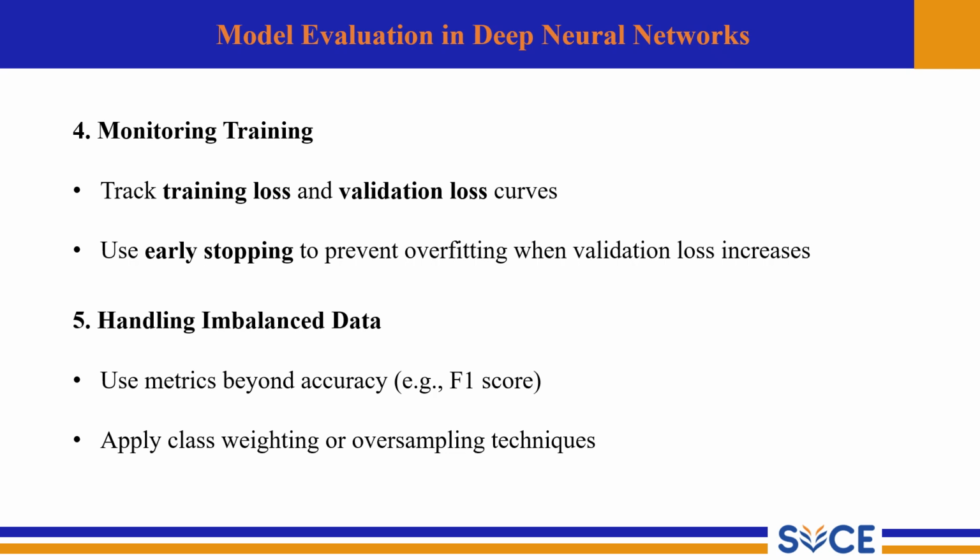Class weighting gives more importance to the smaller class during training. Oversampling adds more examples of the smaller classes to even things out. So accuracy is not enough. Use better metrics like F1 score, and try class weighting or oversampling to help the model learn better.